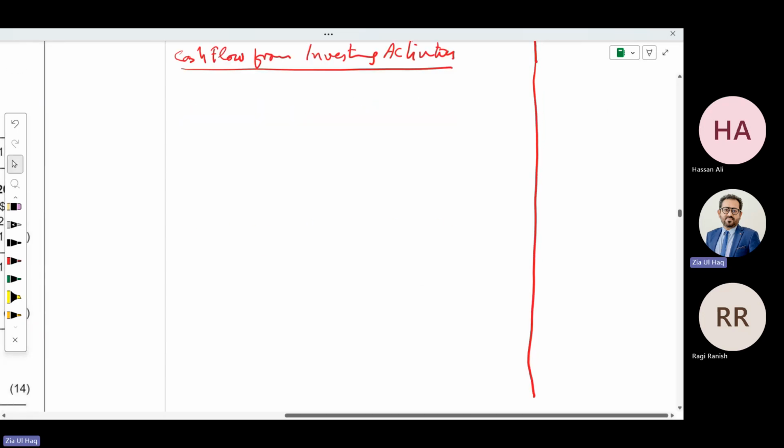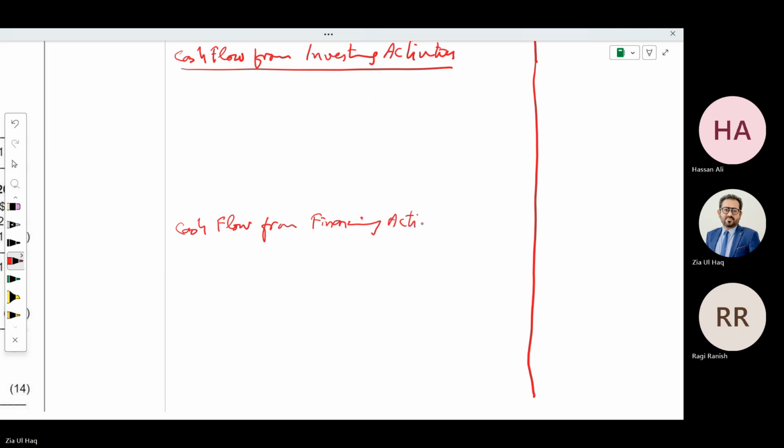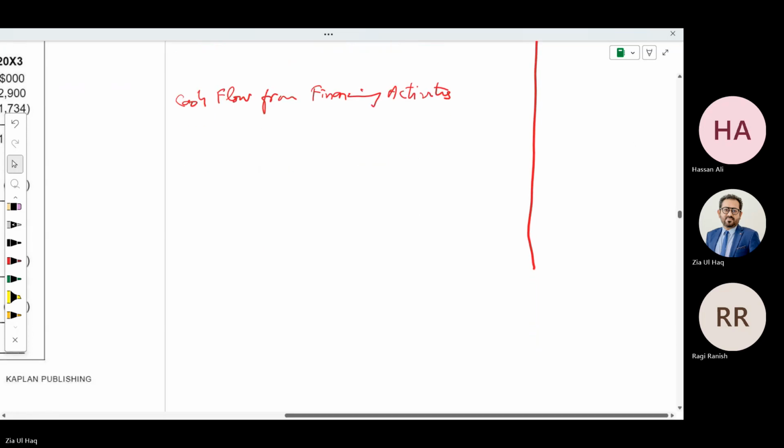Leave some space, put a heading, cash flow from financing activities. Normally, 3 to 4 lines are enough for financing and investing, but for operating, we need at least 10 to 12 lines.